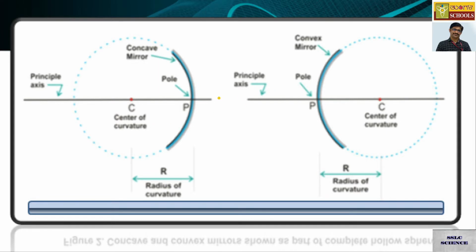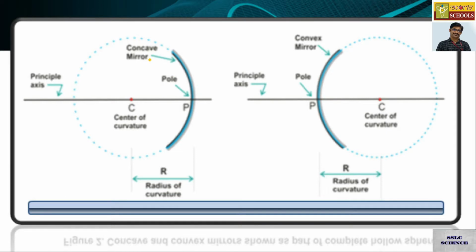These two pictures show a concave mirror and a convex mirror respectively. A concave mirror is the mirror in which the outer portion is painted and the inner portion is left out for reflection.